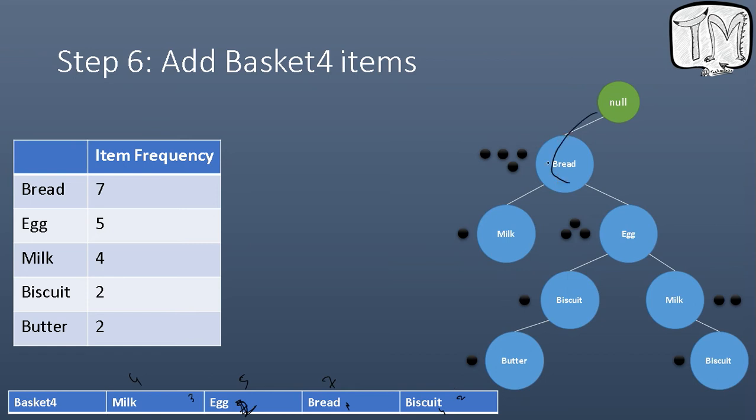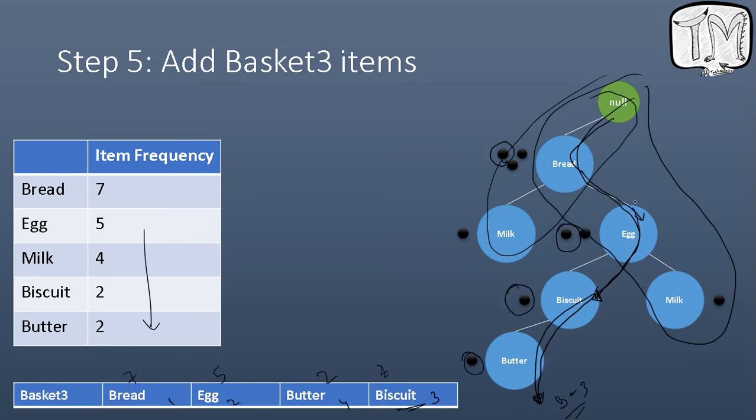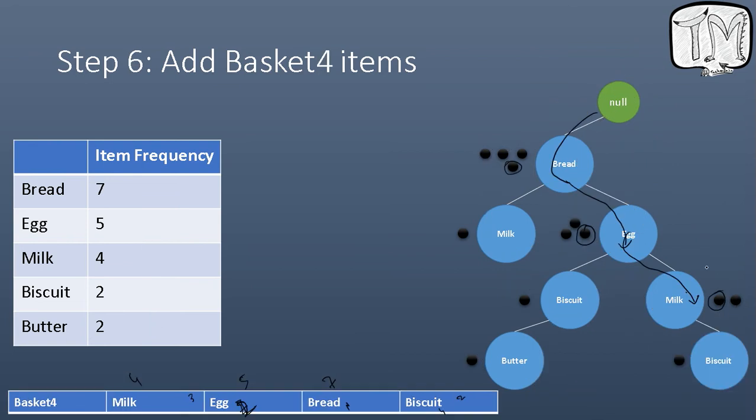So starting from bread again, we added another dot here, then we went to egg, we added another dot here, then we are looking for milk, and from here we went to milk, added another dot here, and finally to biscuit. So after milk, as you can see in this branch here, we had no element after milk.